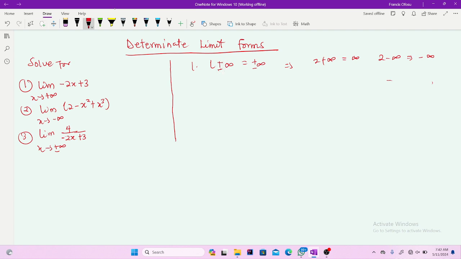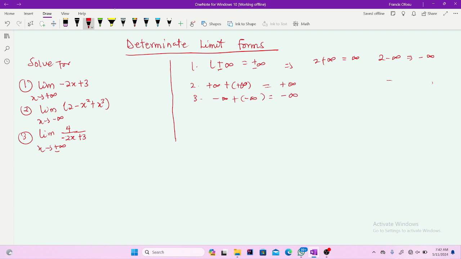So that is the first category of determinate limit forms. Whether you add or subtract infinity from a finite number, you still get positive or negative infinity back. Now number 2: positive infinity plus positive infinity gives positive infinity. If you add negative infinity to negative infinity, you also get negative infinity.